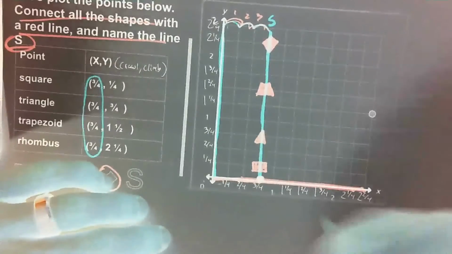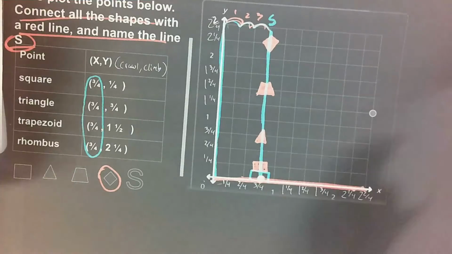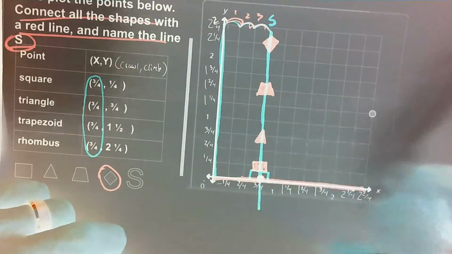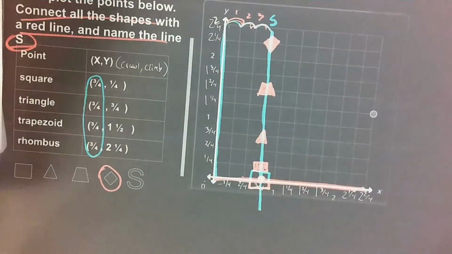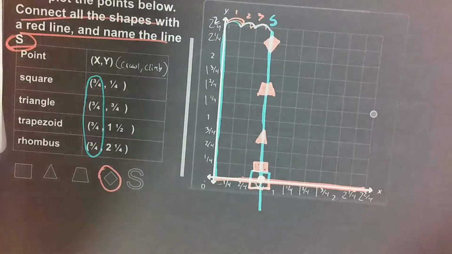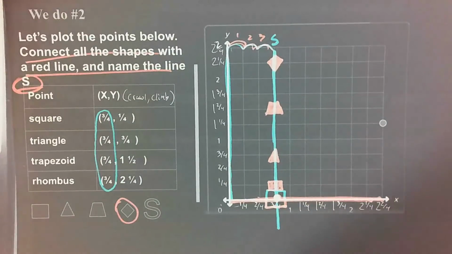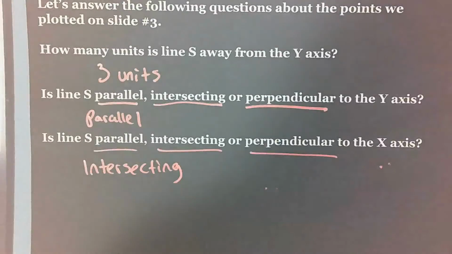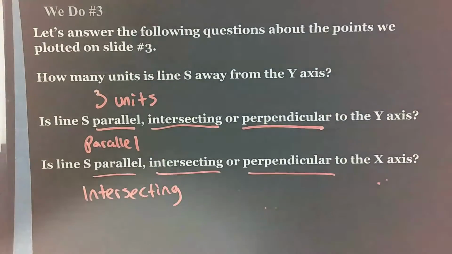They create 2 right angles here and here. If our line S extended past the x-axis to create 4 right angles, it would be perpendicular. But since it doesn't, they're only intersecting. Let's make sure we have those 3 questions for we do number 3 answered in our notes, and then we'll move on to our exit ticket.